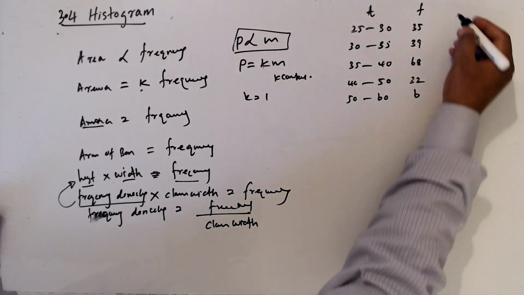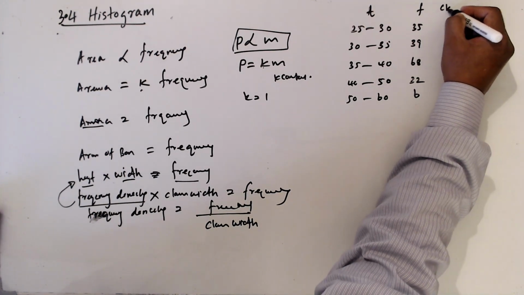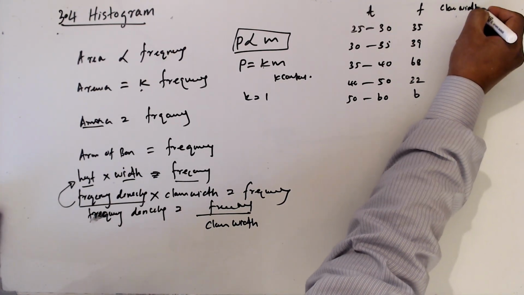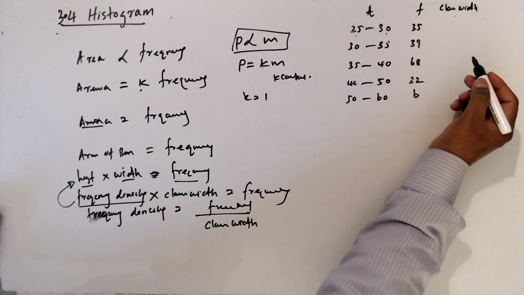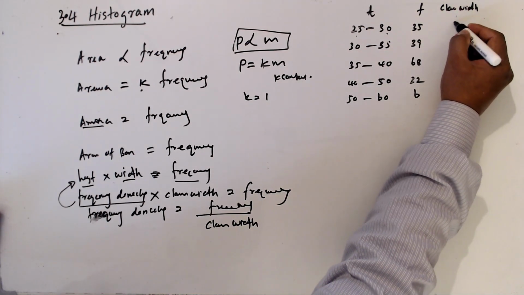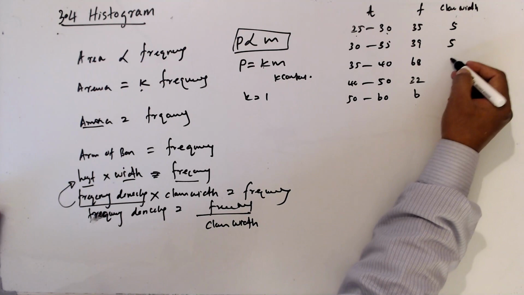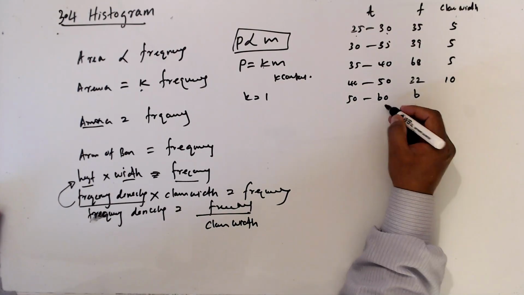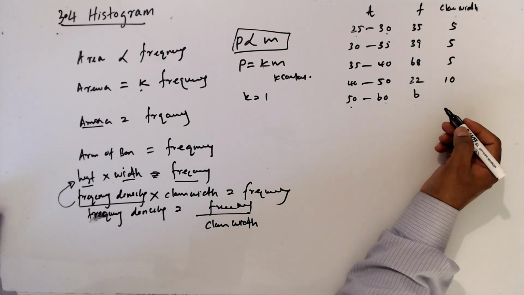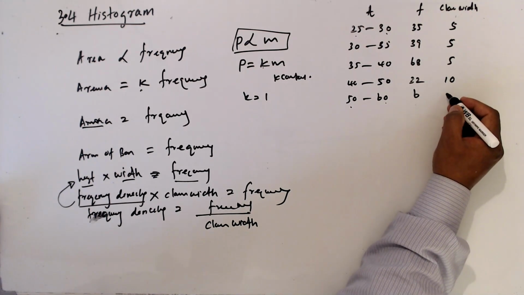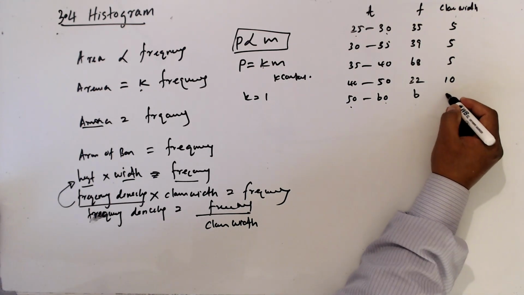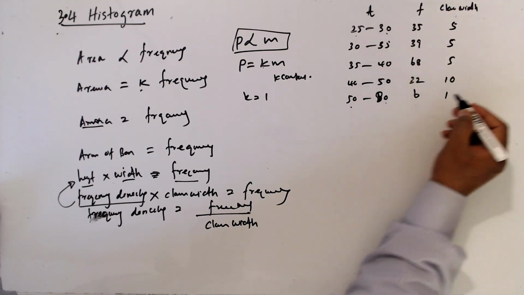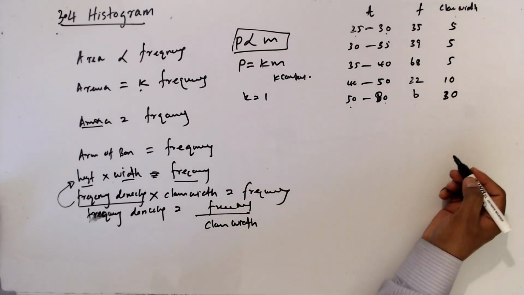So what is the class width here? 25 to 30 is 5, 5, 5, then 10, and 60 to 50 is 10, or 50 to 80 is 30.